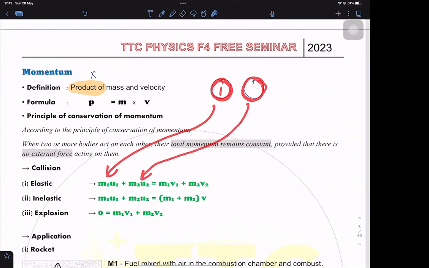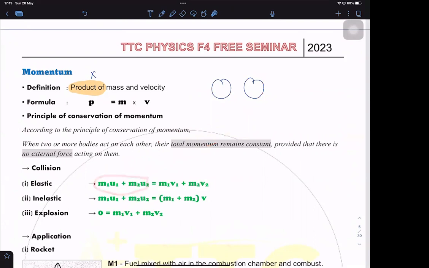This is person 1, person 2. Mass times velocity is momentum. So add together their total momentum. This is the total momentum before they hit each other. Then after they hit each other, add together this person's momentum and that person's. This is the total momentum after they hit each other.